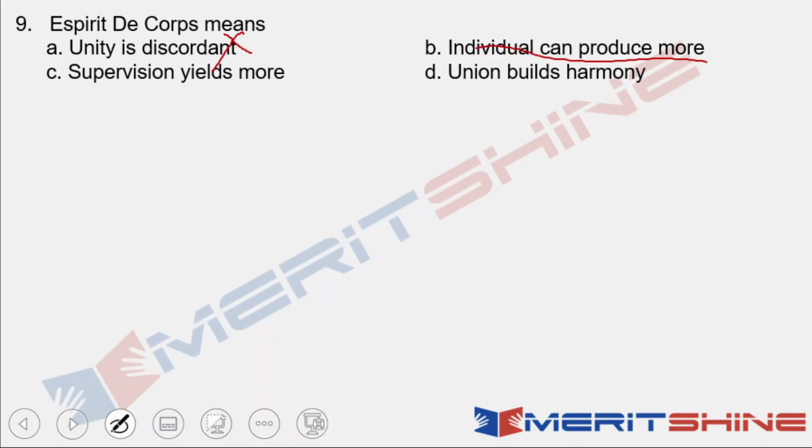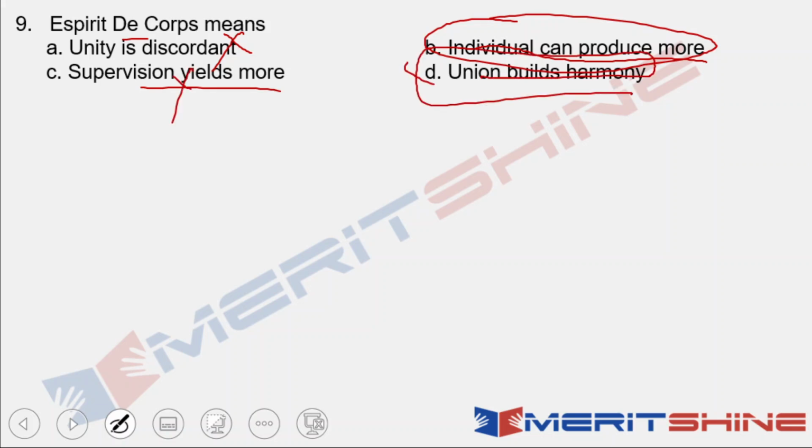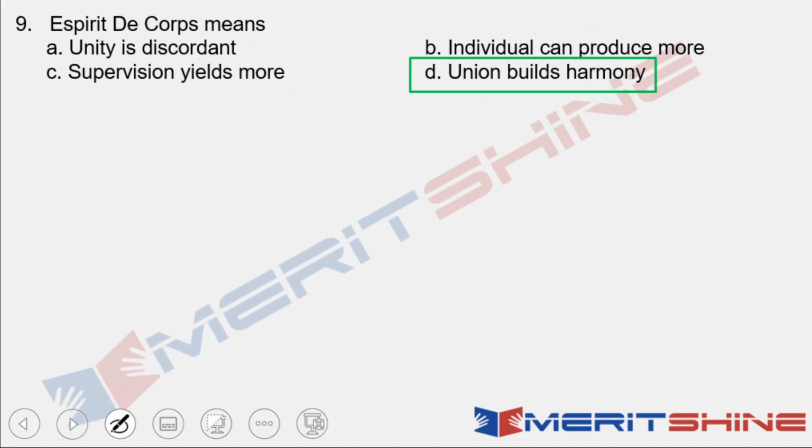Individuals can produce more, this is irrelevant to esprit de corps. Supervision yields more? No. Union builds harmony. Teamwork builds harmony, that's what it is, right? Remember I said promoting team spirit will build harmony and unity within the organization. That was the esprit de corps that I had explained to you in the first question.